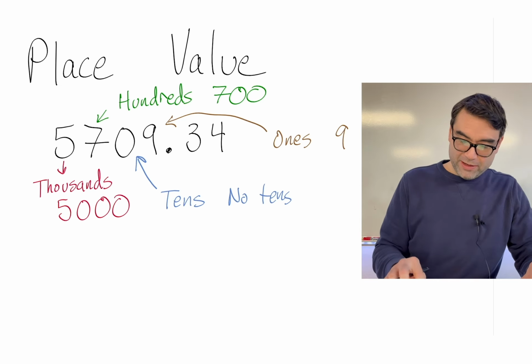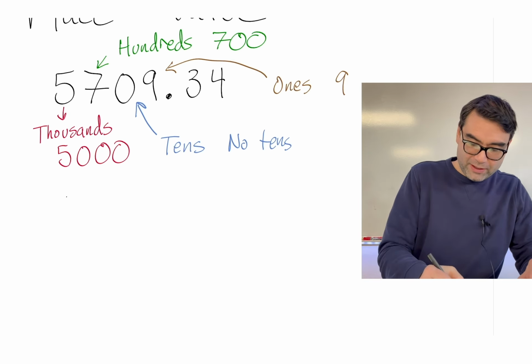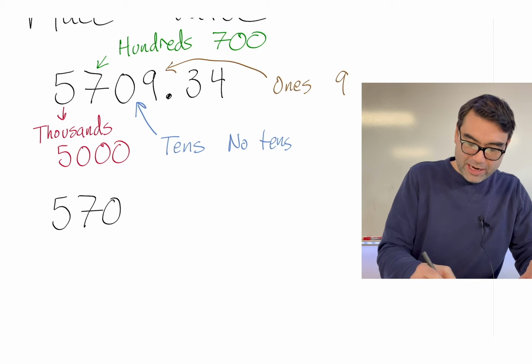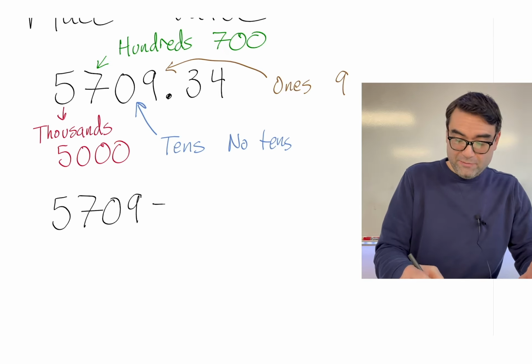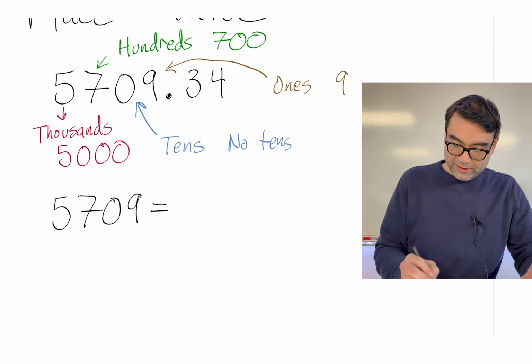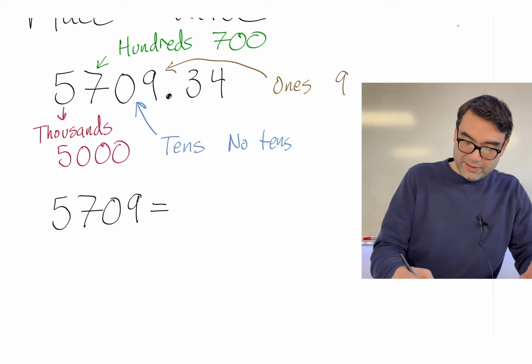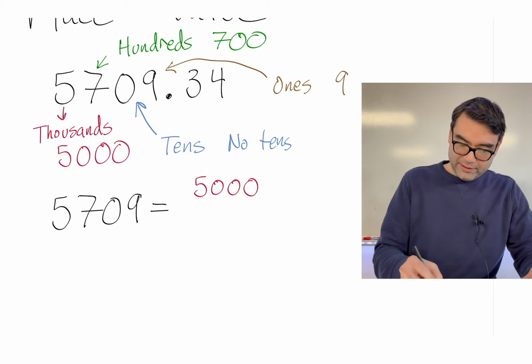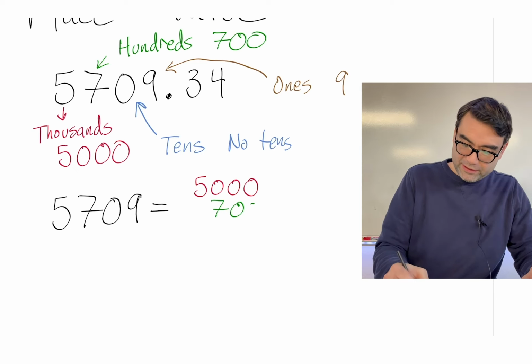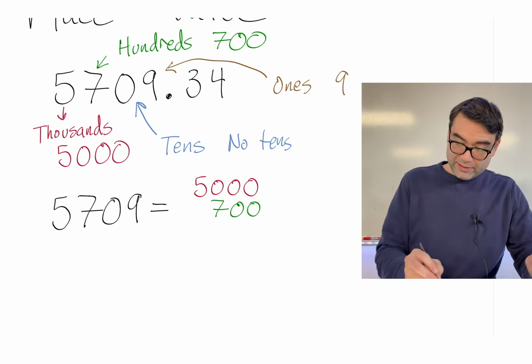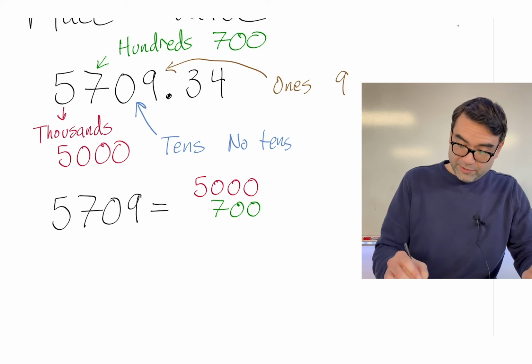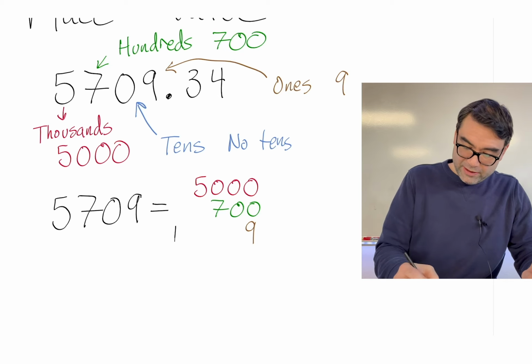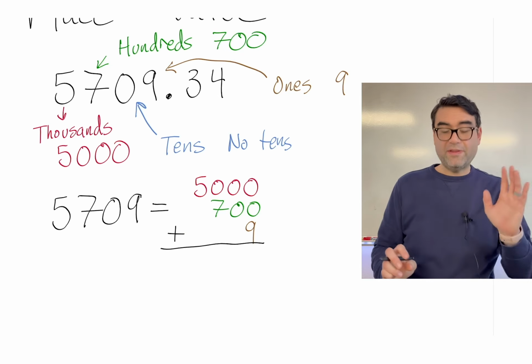We'll get to the 0.34 in a moment, but this would be the equivalent of 5,000 plus 700 plus no tens, but then plus 9 ones. And if you add that all together, the sum should equal 5,709.